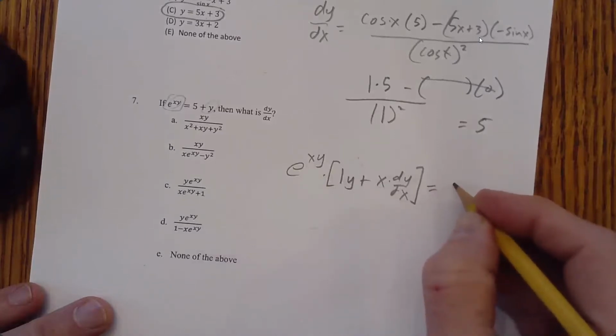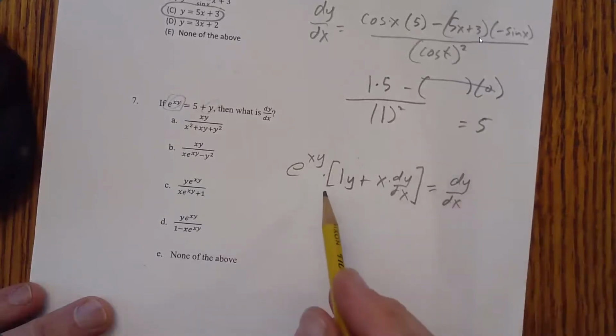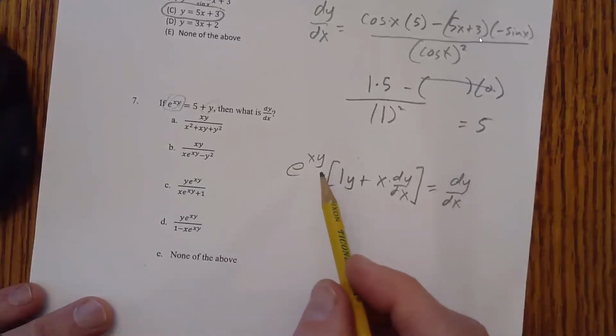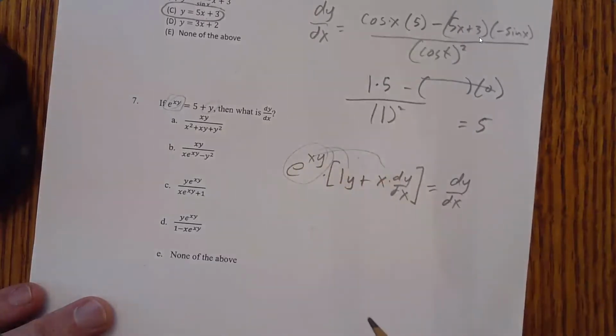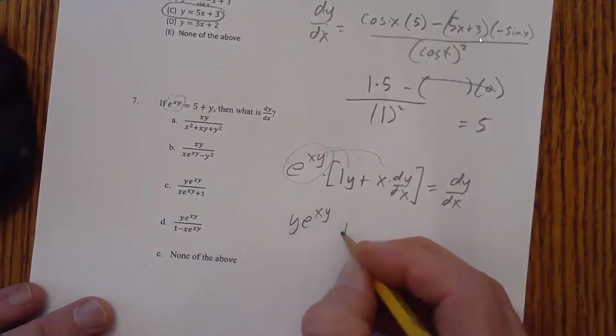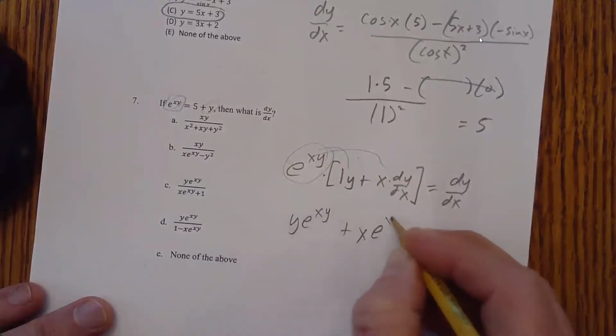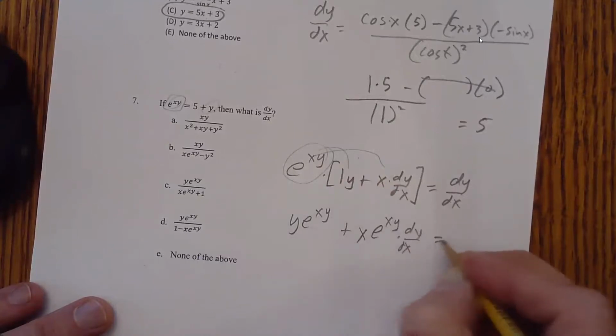Derivative of 5 is 0, so I get dy/dx. Here I have to be a little careful solving for it because I want to distribute that. So I get y e to the xy plus x e to the xy times dy/dx equals dy/dx.